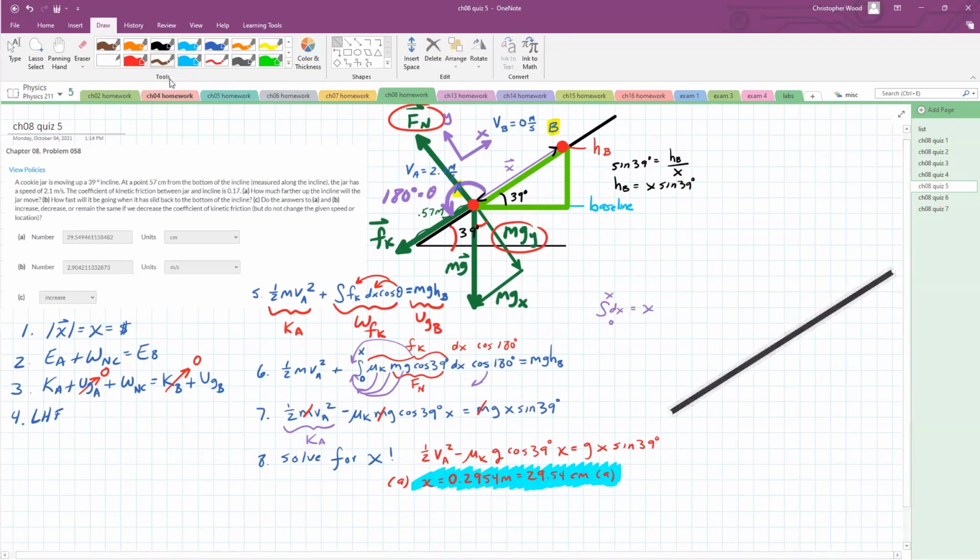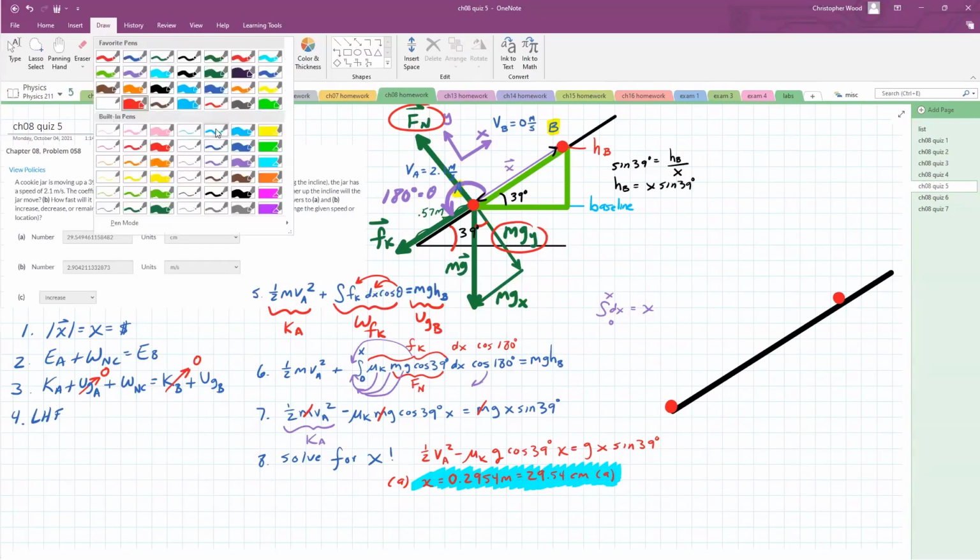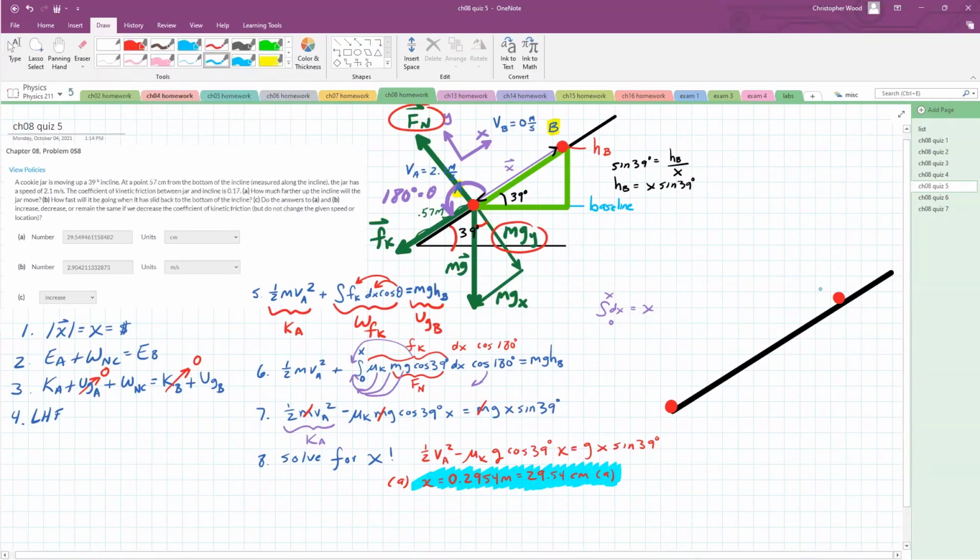Here's my cookie jar way up here, and I know exactly what that location is. Now that it's stopped, it's going to fall back down. What is the speed when it hits the bottom? I might make quick work of this because I think it's pretty straightforward.